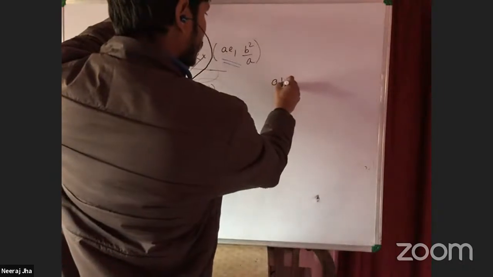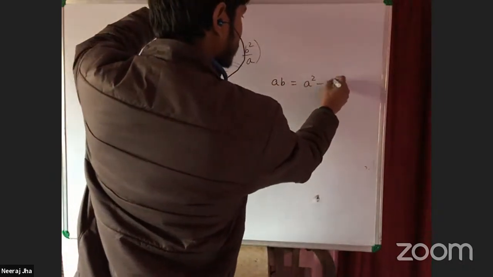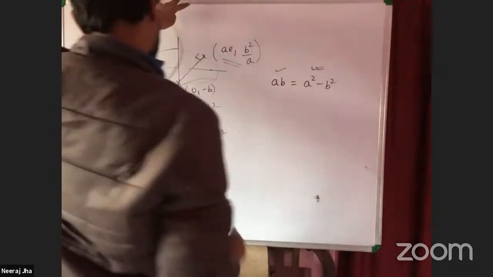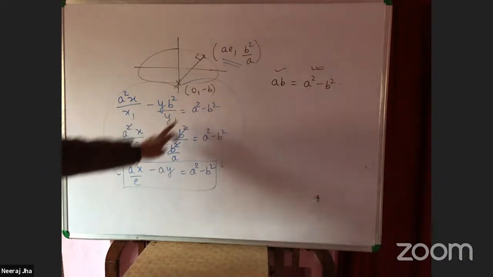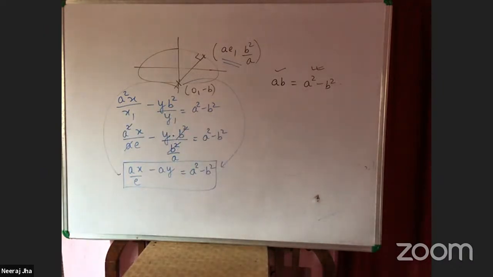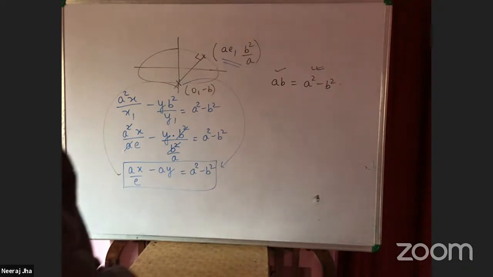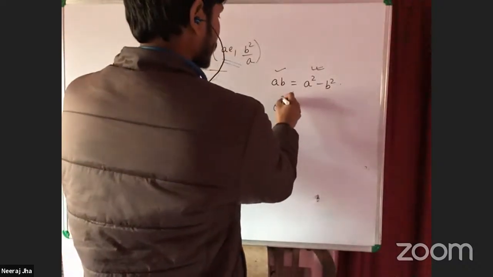That means it will be ab is equal to a square minus b square. When you put minus b over here and x as 0, ab is equal to a square minus b square. Correct?